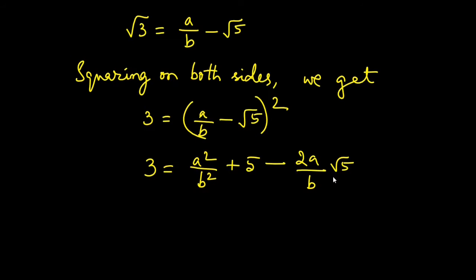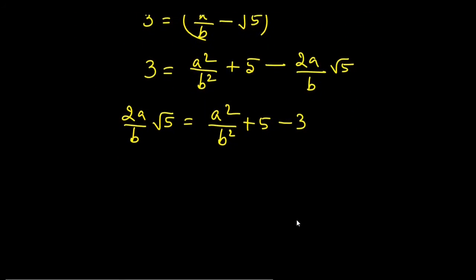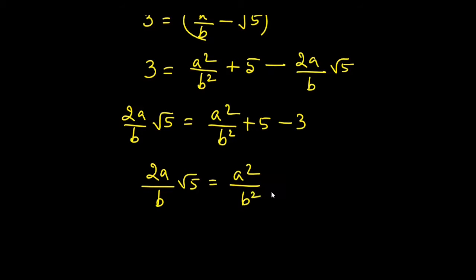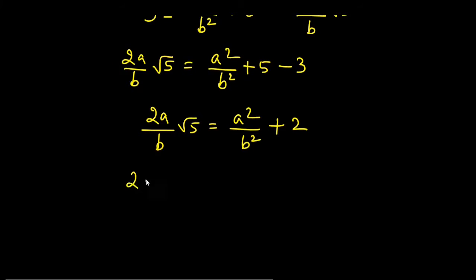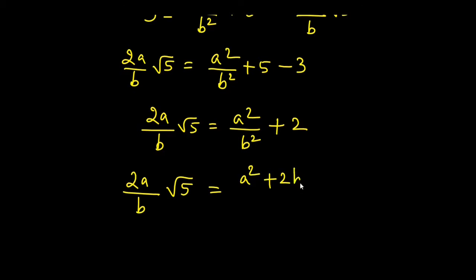Take this root 5 term to the left side. 2a by b root 5 is equal to a square by b square plus 5 minus 3. So this is 2a by b root 5 is equal to a square by b square plus 2. Now this becomes 2a by b root 5 is equal to a square plus 2b square by b square.